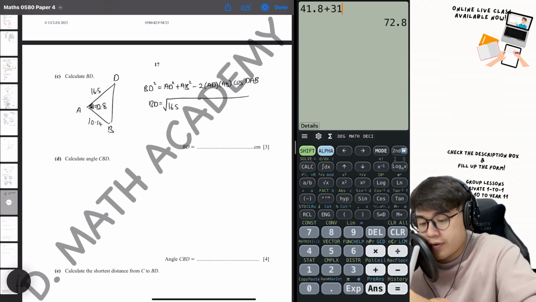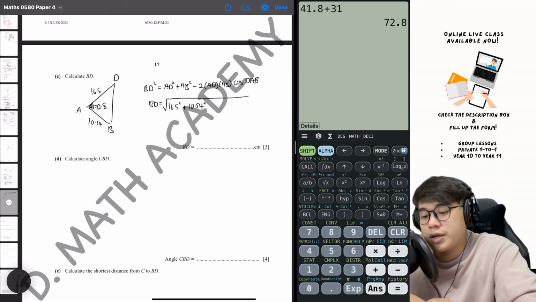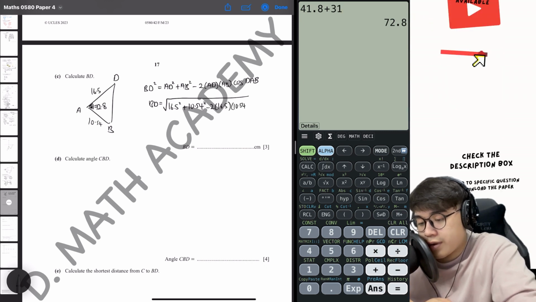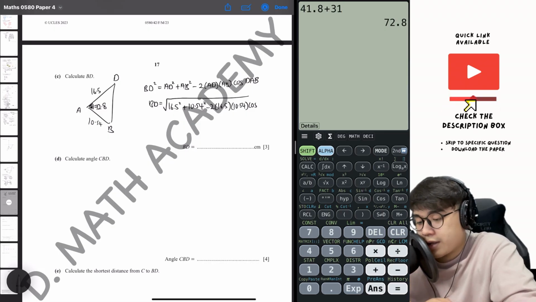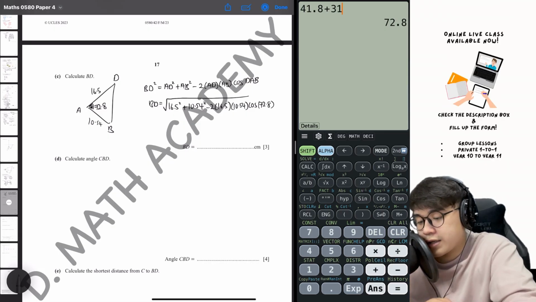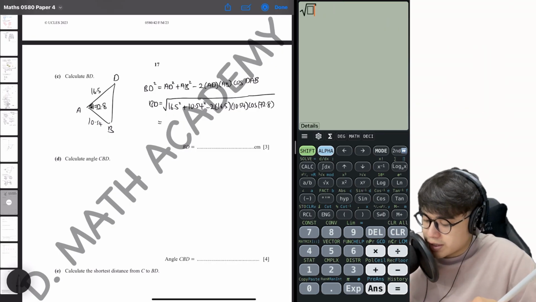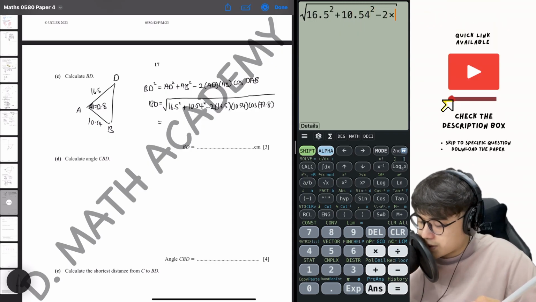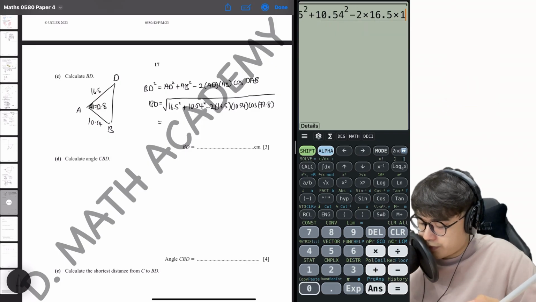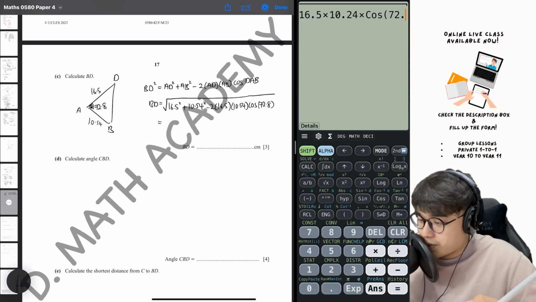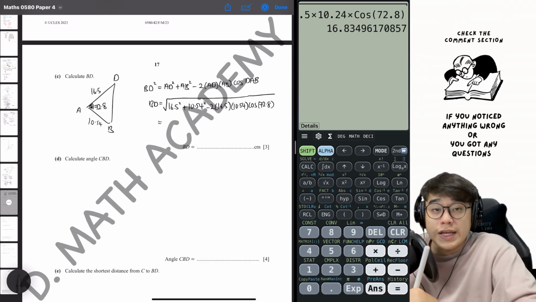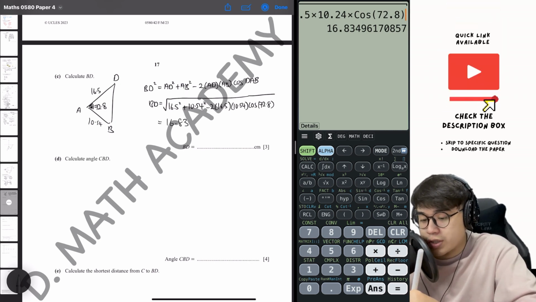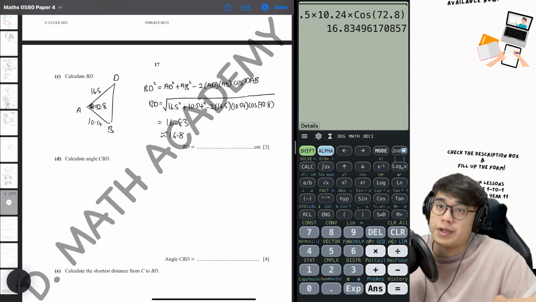Then 16.5 squared plus 10.54 squared minus 2 times 16.5 times 10.54 times cosine of our angle here, 72.8. Then you will be able to find your answer of BD as 16.83, which is approximately 16.8 centimeters here.